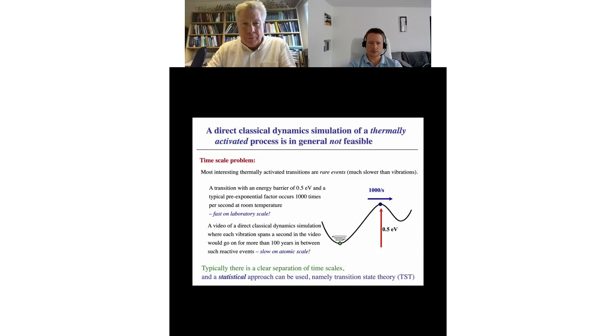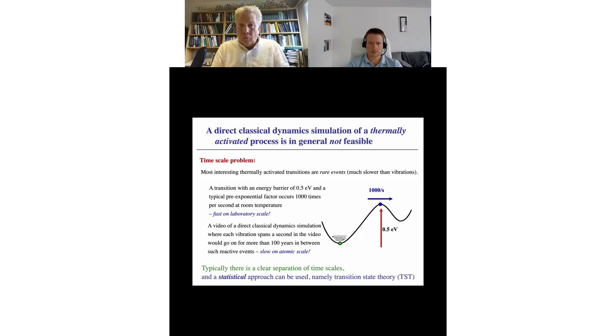At room temperature, such an event can happen 1,000 times per second on average with a typical pre-exponential factor. So the lifetime of this initial state would be a millisecond. So it's really, really fast on a laboratory timescale. One has to be really quick to measure such a thing. However, on the timescale of the atomic vibrations, it's a very, very rare event.